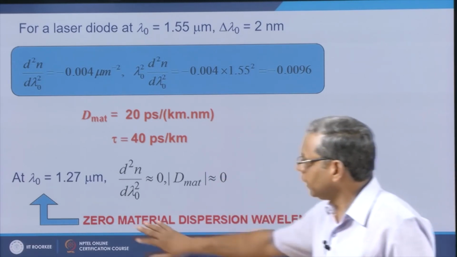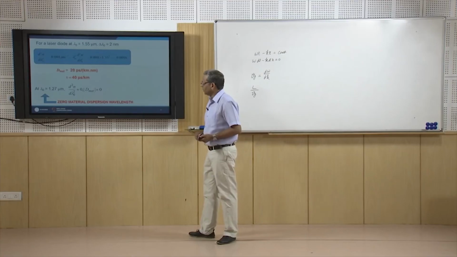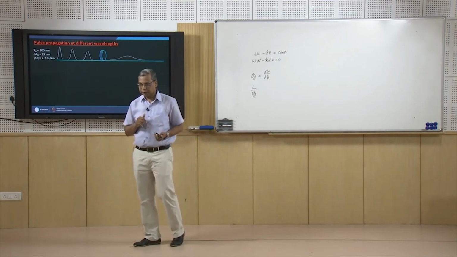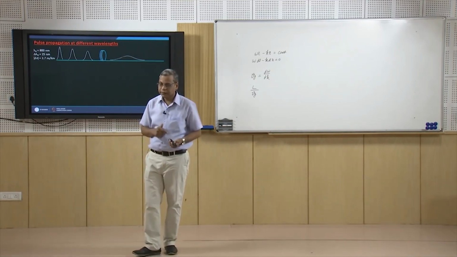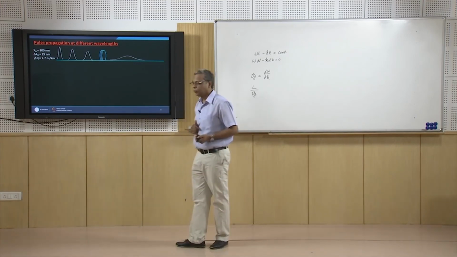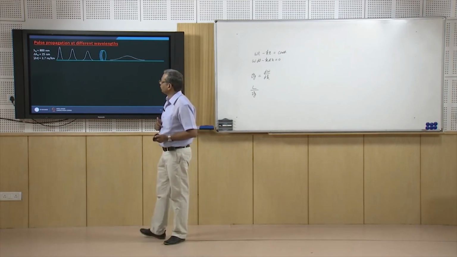So this wavelength is also known as the zero material dispersion wavelength, and that is why the earlier fibers, the fiber which is already laid on the seabed, most of that fiber is optimized around 1.27 or 1.3 micrometer wavelength.